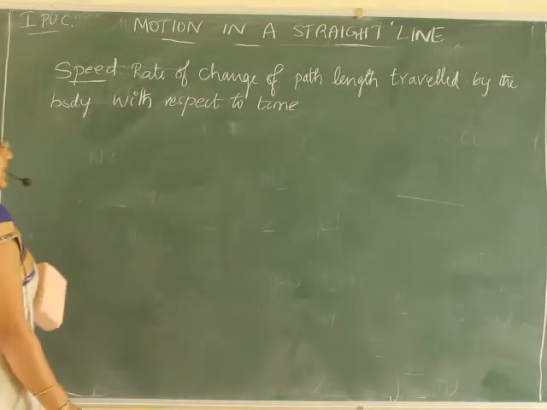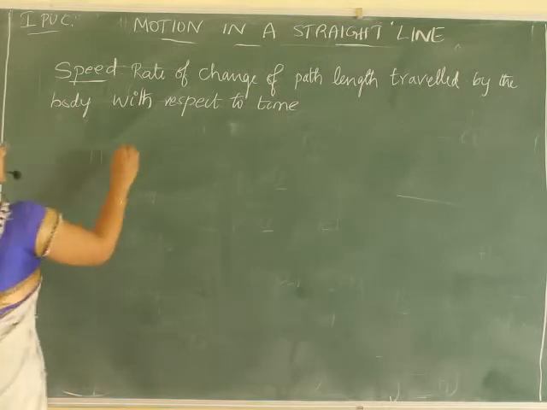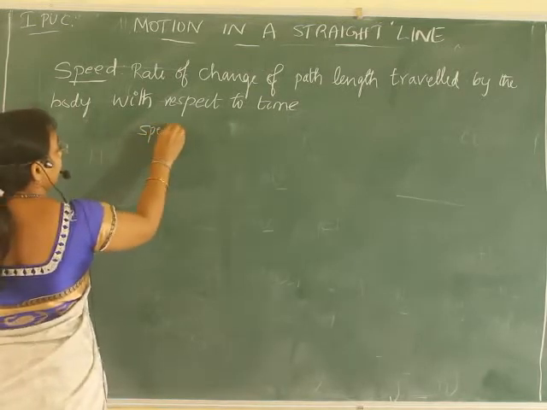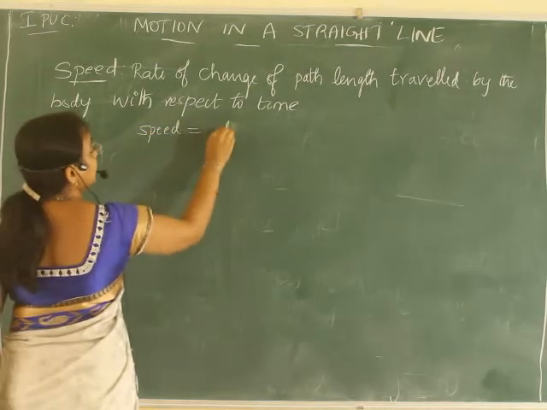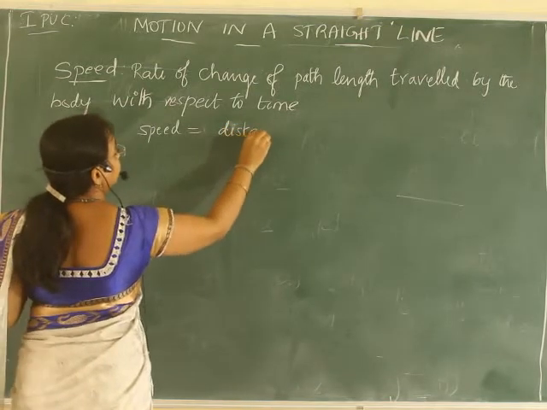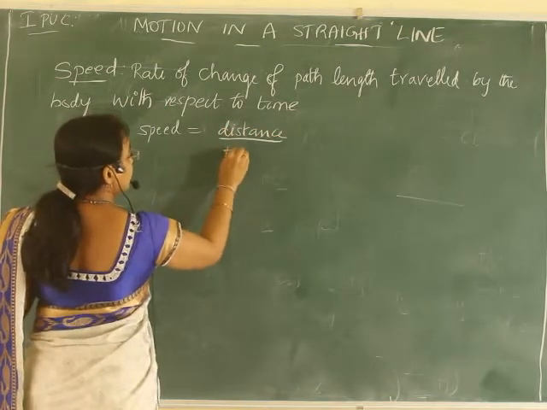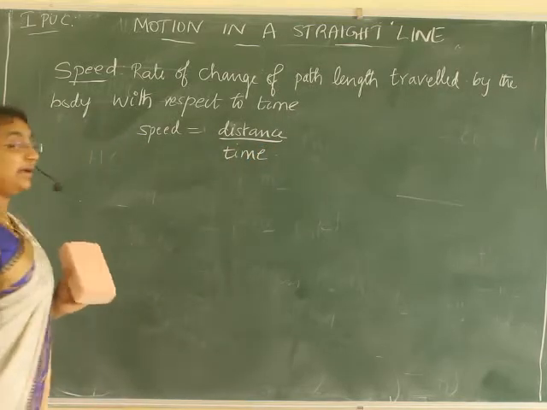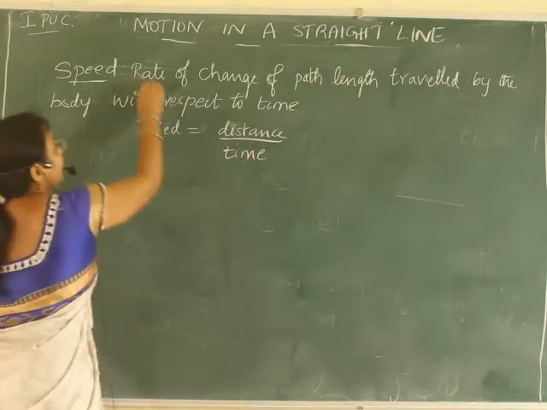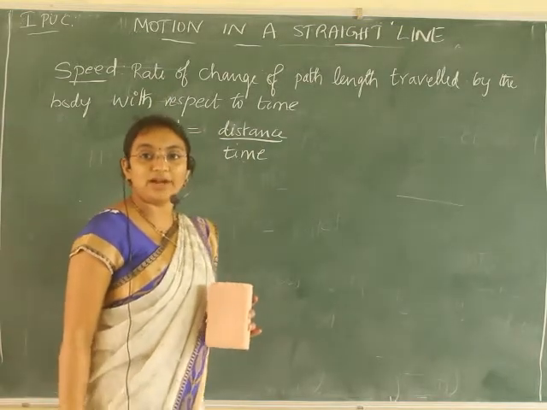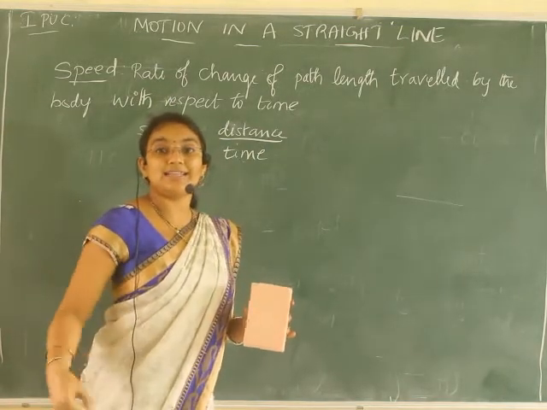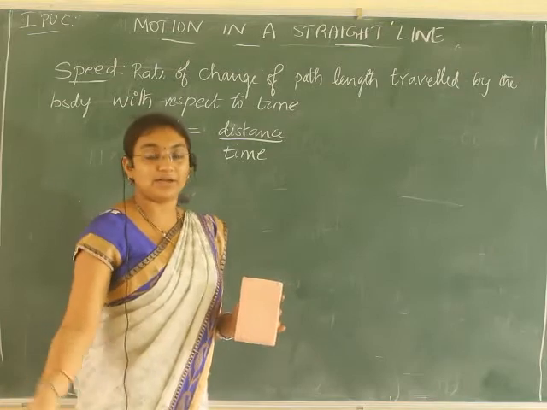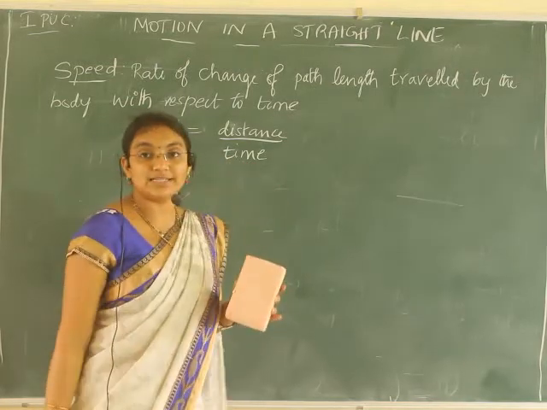So when I speak about speed, I can write the formula as distance by time. Distance by time is nothing but speed. When you divide by time, I use the word rate of change, because as the time changes, for the change in the time interval, there will be a change in the distance.